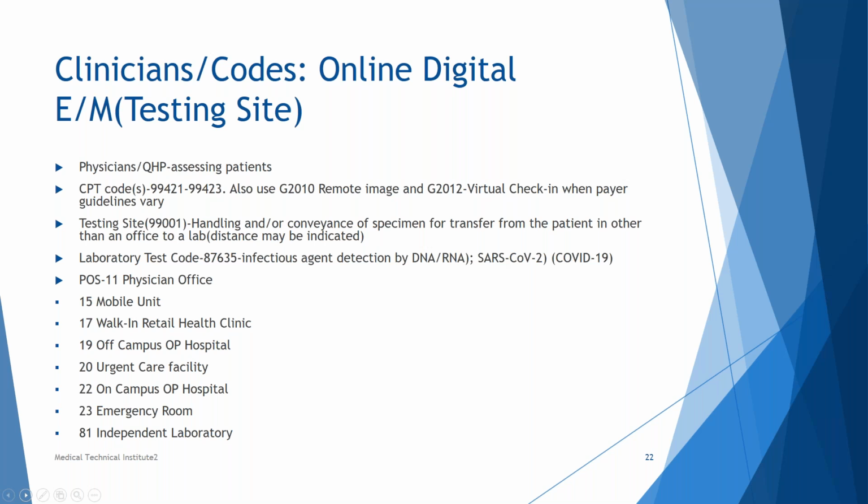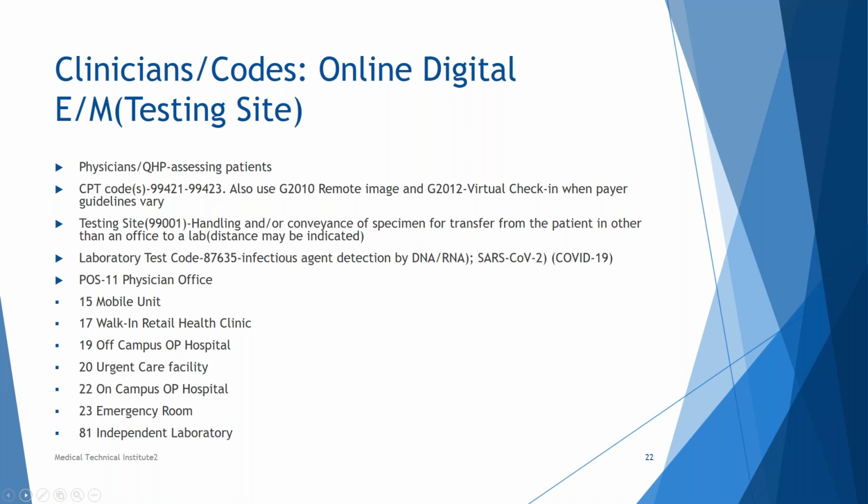The CPT code range for this is 99421 to 99423. Don't forget, if you need to use the G2010 and the G2012, make sure that it is covered by that insurance company. The testing sites use code 99001 for handling and/or conveyance of specimen for transfer from the patient in other than an office to a lab.